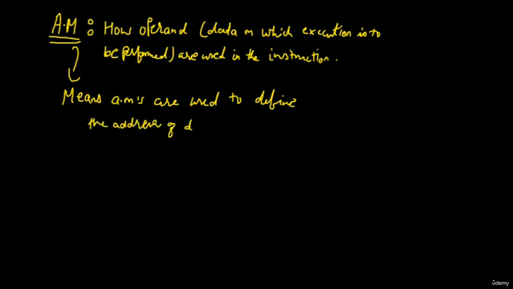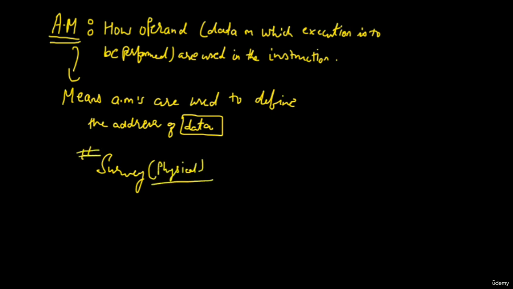Like wherever you live, it's your address, and who you are is the data. That's it. Like in the survey. What happened in the survey? I'm talking about the physical survey that sometimes they come to our home. Usually they don't come these days. Surveys are also done online, which is very efficient, obviously.